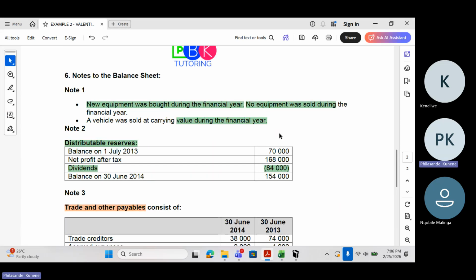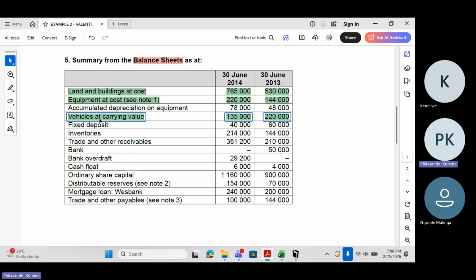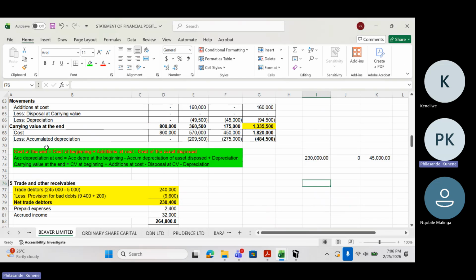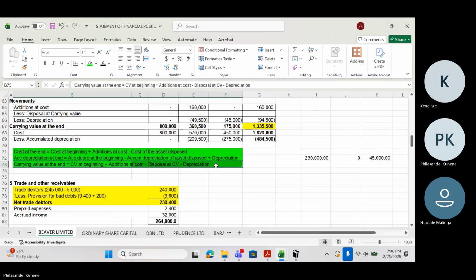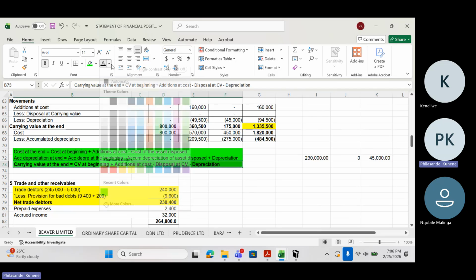Let's go to the transaction. They said a vehicle was sold at carrying value during the financial year. Because they gave us carrying values here, we need to use the formula that talks about carrying values. If I go to these formulas, the one which talks about carrying values is the last one. So that's the formula that we need to use now.